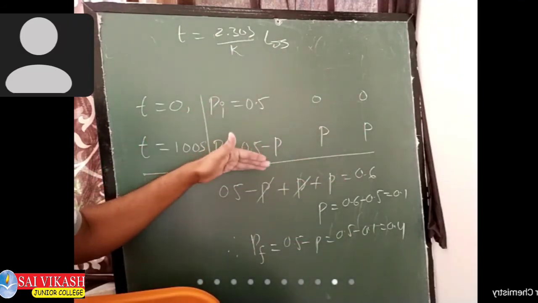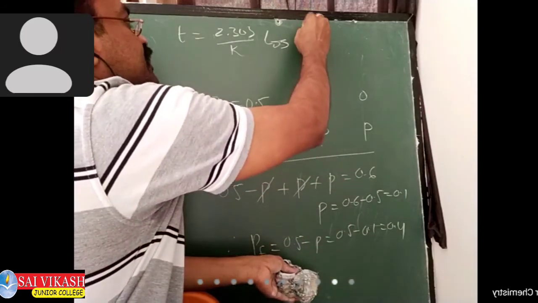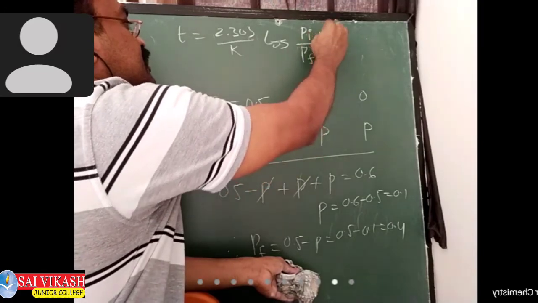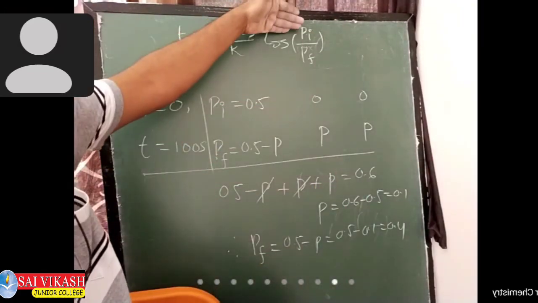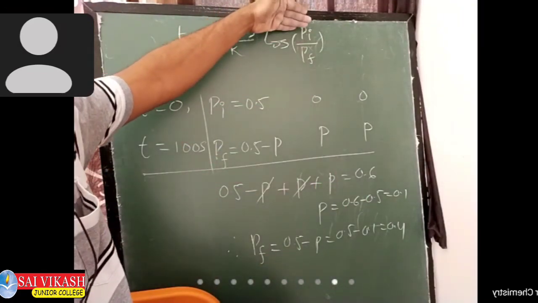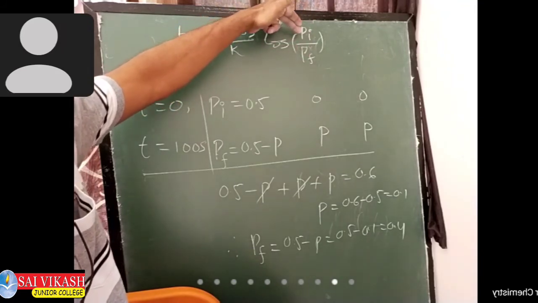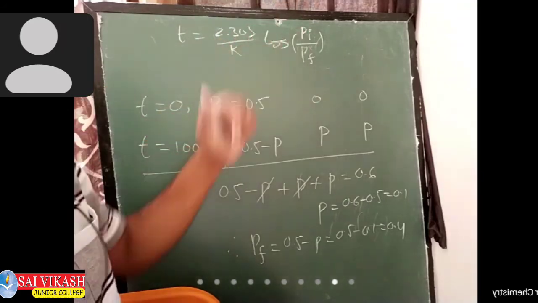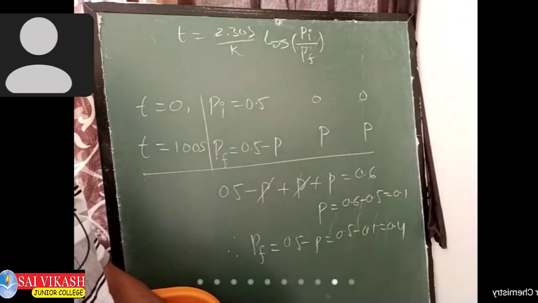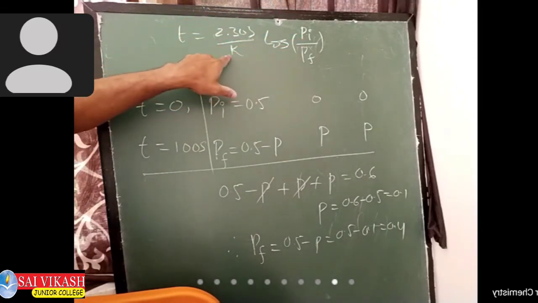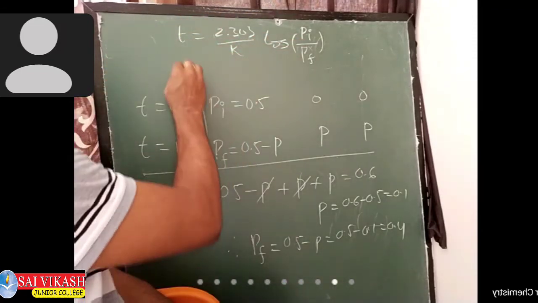These are all pressures. So the formula we are writing is initial pressure by final pressure. That's it. A by A minus X is initial concentration by final concentration. Here it will be initial pressure by final pressure. That's it. In terms of pressures, the first order integrated rate equation. So here T we know, everything we know, but we don't know K. Let's find out the K value now.